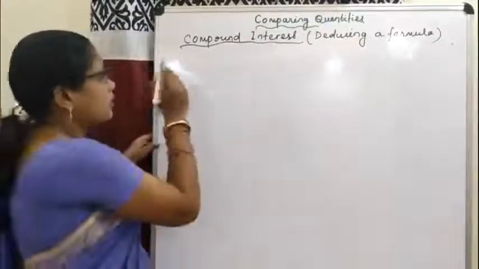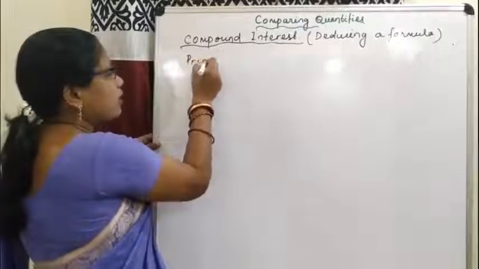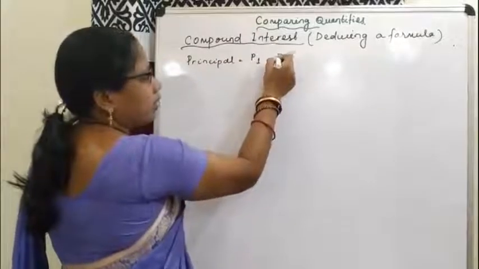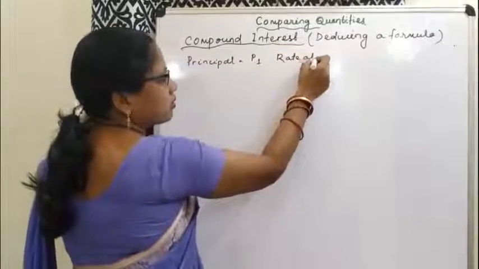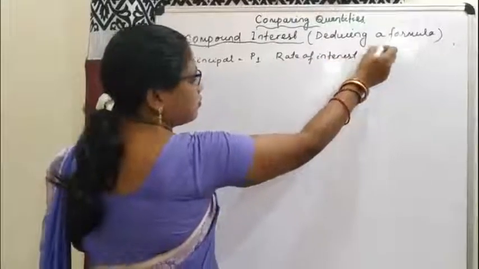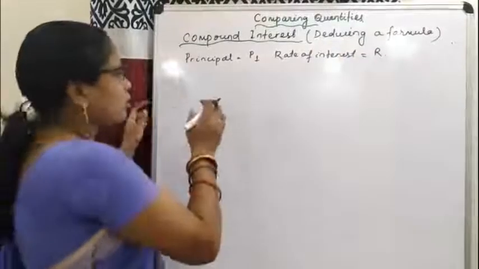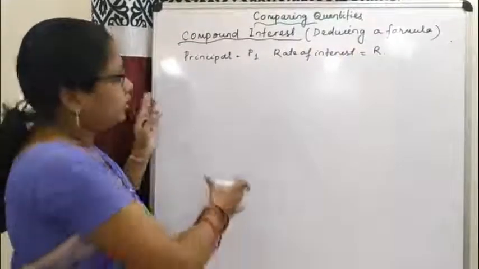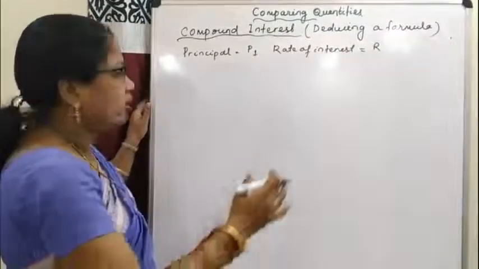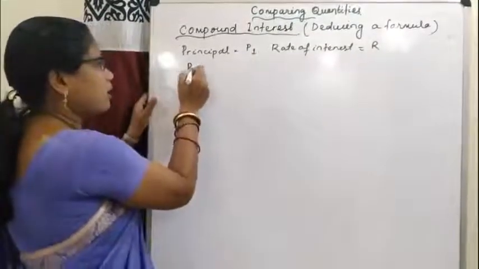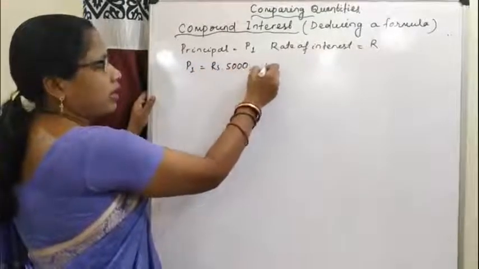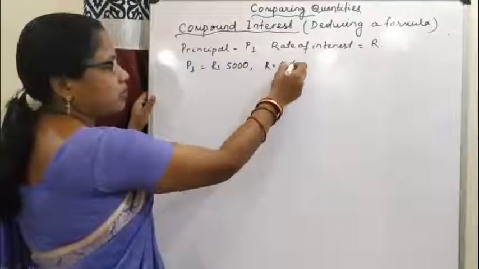Let us take the principal P1 and rate of interest R. Here we will derive the formula for a particular value also. First, let P1 be rupees 5,000 and R be 5%.